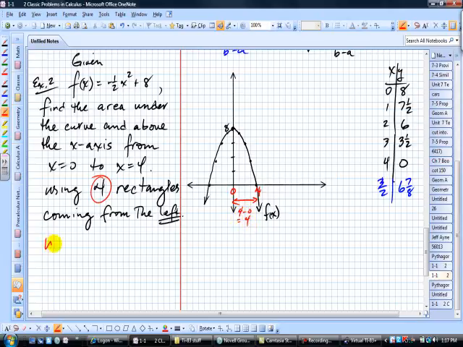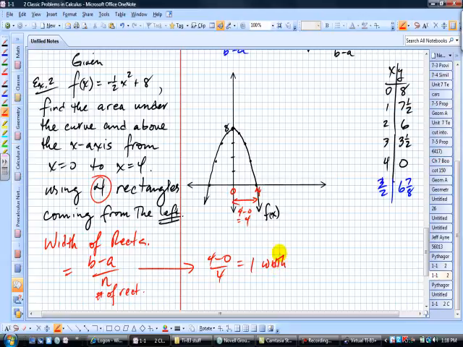And remember, the width of rectangles is always found by taking b minus a divided by the number of rectangles. So for us, this is 4 minus 0 divided by 4, and that's 1. That's equal to the width.